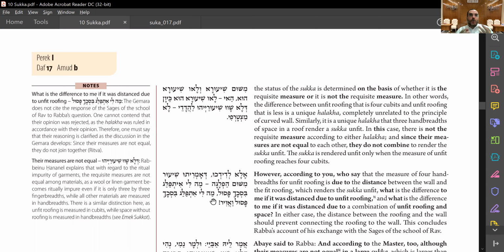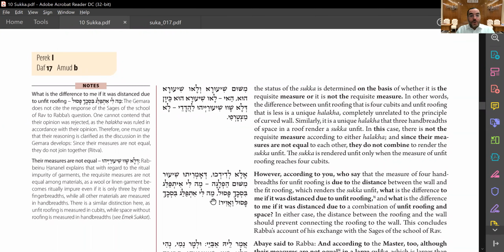Now, really, even though empty space is 3 tefachim and sechach pasul is 4 tefachim, and they're different, they're really essentially the same. That's why I'm avoiding using lavud a little, because it seems like they're conceptual. He's thinking of them conceptually the same. Your eye doesn't notice less than 3 tefachim of space, and it doesn't notice less than 4 tefachim of sechach pasul. But basically, it's the same shiur.